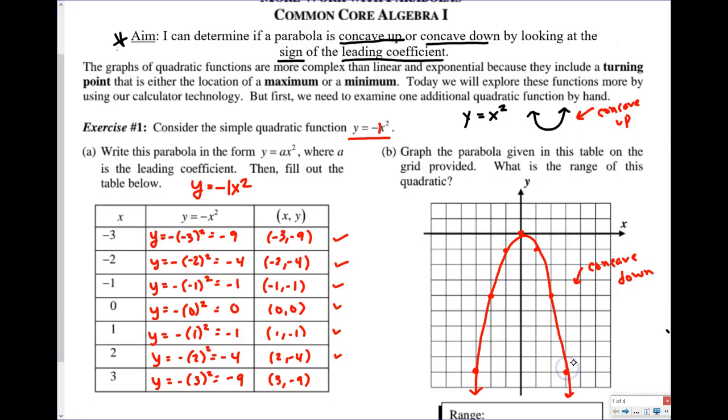So our rule of thumb here is that when you have a negative in front, it's going to go down like this. When you have a positive in front, it's going to go up. Okay? So that's the pattern we're thinking about today, this positive versus negative shape of our parabola.